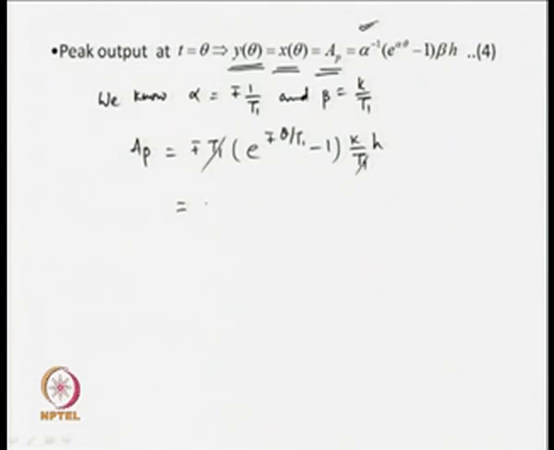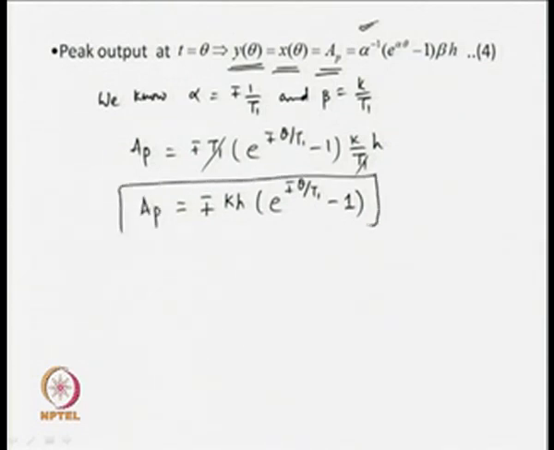So, we are left with minus plus k h e to the power minus plus theta upon T1 minus 1. So, this is the expression for output of the first order plus time delay transfer function model.